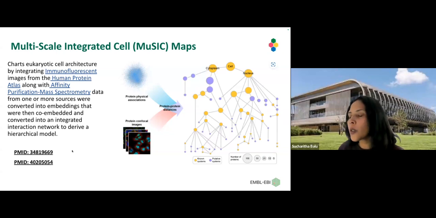What they've done is taken imaging data from the Human Protein Atlas in the form of confocal and immunofluorescent-based microscopy images. They've integrated this with biophysical interaction data in the form of AP-MS, and converted this to generate a network that shows you a cellular hierarchy.